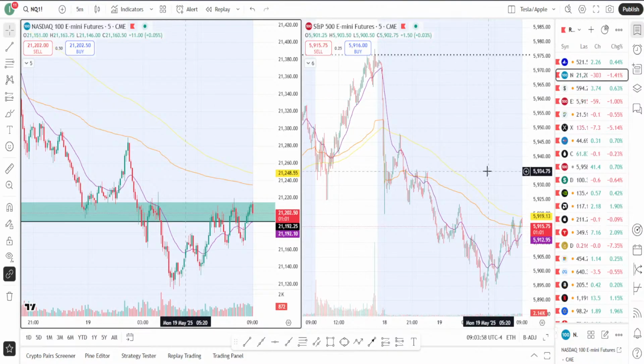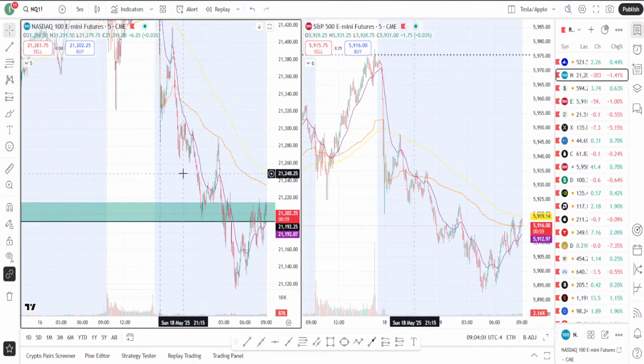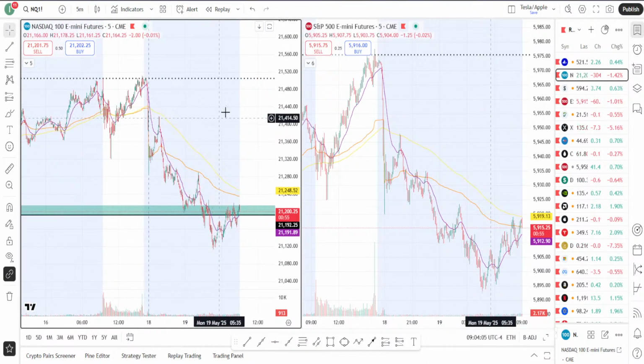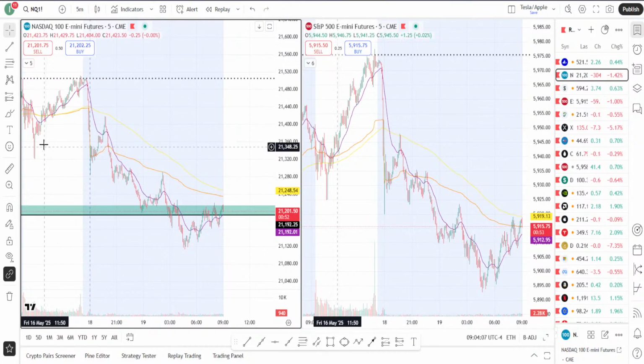Aquí viendo el chart. Taking a look at the chart here. What happened overnight? Looks like we got a nice downtrend going here.